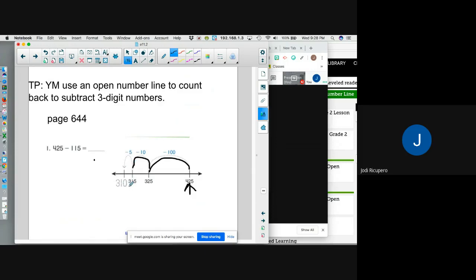Look at it carefully. We know that they subtracted the right amount because 100 plus 10 plus 5 equals 115. We could even check to make sure that they did it right. We're going to add it back in. And we have 5, 2, 4, 425.